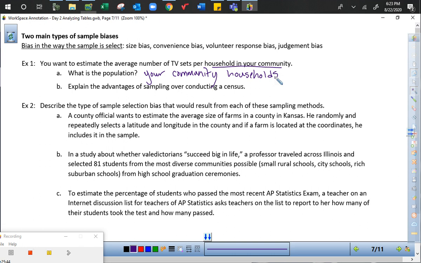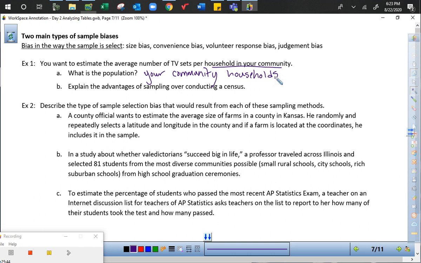And then what are the advantages of sampling? Why would it not be a good idea, or not be as fun, to go to every household in your community? Let's think about Hays. Think about the number of households here.